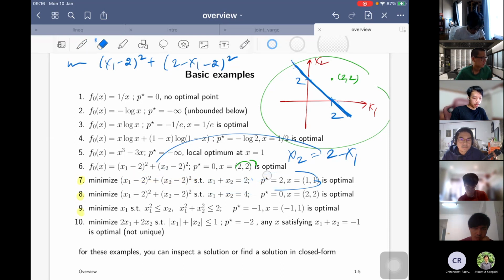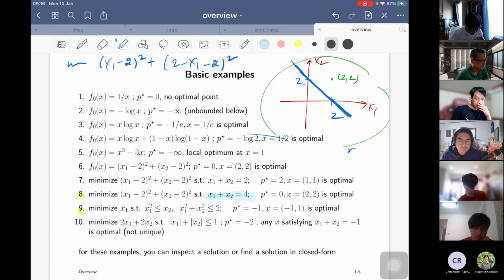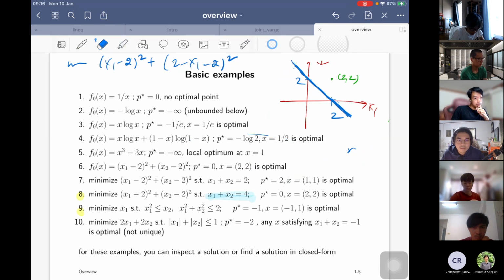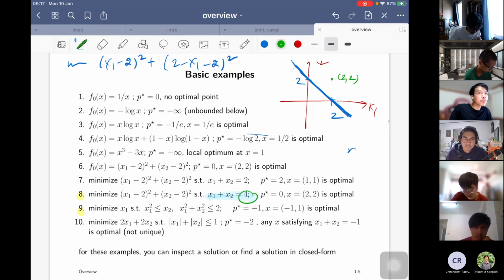Next, what about problem 8? The only distinction is the constraint set. Is it the same? How does it change, Napat? What's the difference between 8 and 7? The y-intercept. Now the y-intercept is different, so maybe I change to the green one.